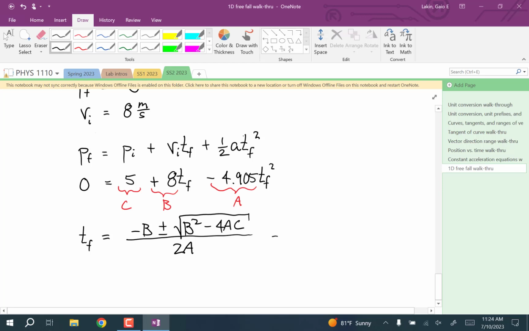And if you solve that, you get negative 0.48 or positive 2.11.